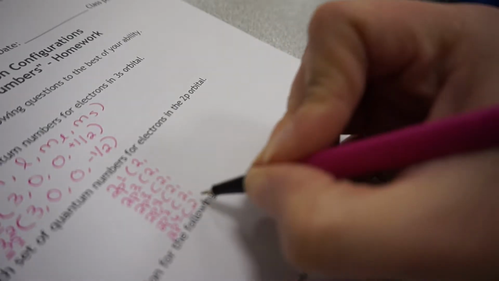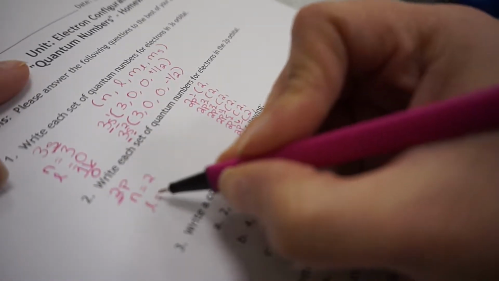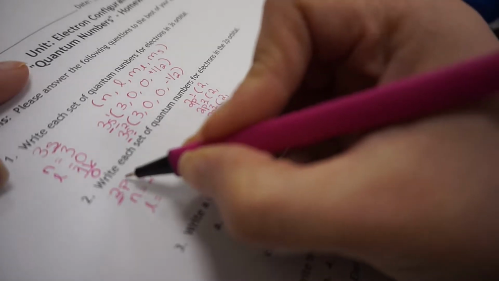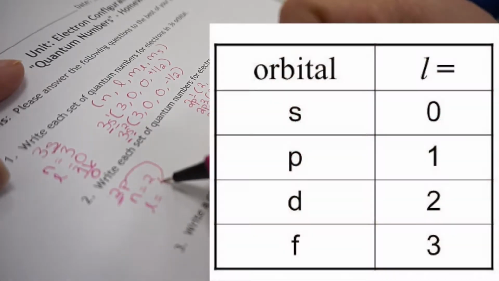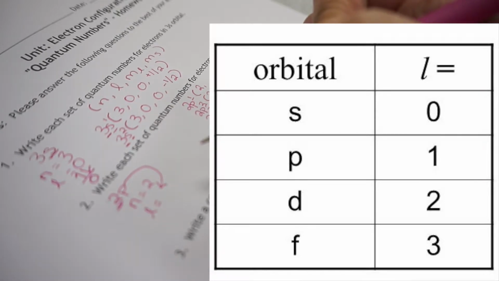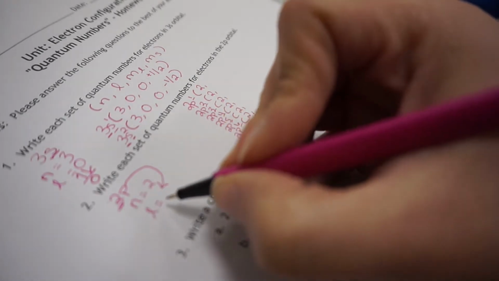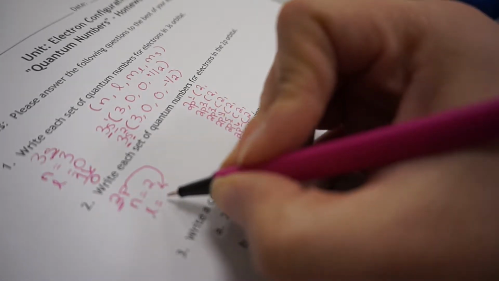Okay, so now we are on the L quantum number. Remember, L has to do with the type of orbital. In your notes, S equals 0, P equals 1, D equals 2, F equals 3. So P in this case equals 1.